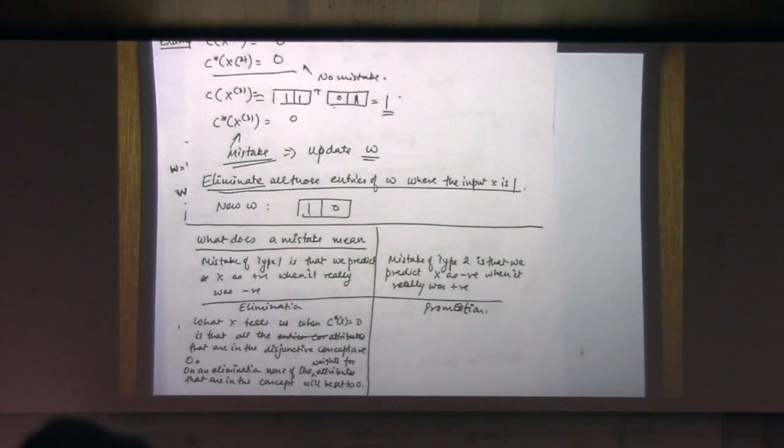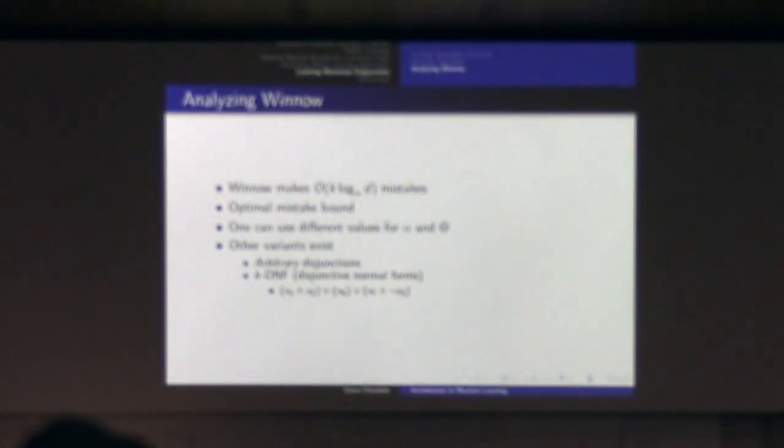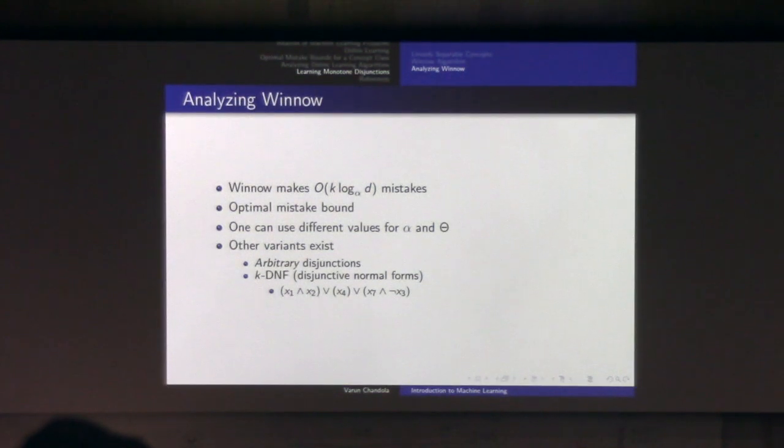All right. So to finish the discussion, the point that I want to make, and please go ahead and attempt the gradients quiz to make this more concrete in your mind, is that if you analyze this Winnow algorithm, what you will see is that no matter what your concept is, as long as it is disjunctive, it will learn the true concept after making these many mistakes.